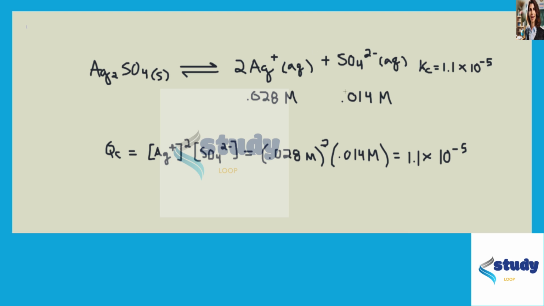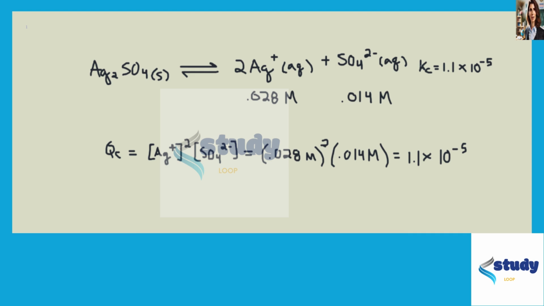So like I said, if there are 0.021 moles of silver sulfate, then there's 0.042 moles of silver, twice as many, or 0.021 moles of sulfate. Then you can divide that number by 1.5, the volume, because it's moles over volume, to get the concentration.